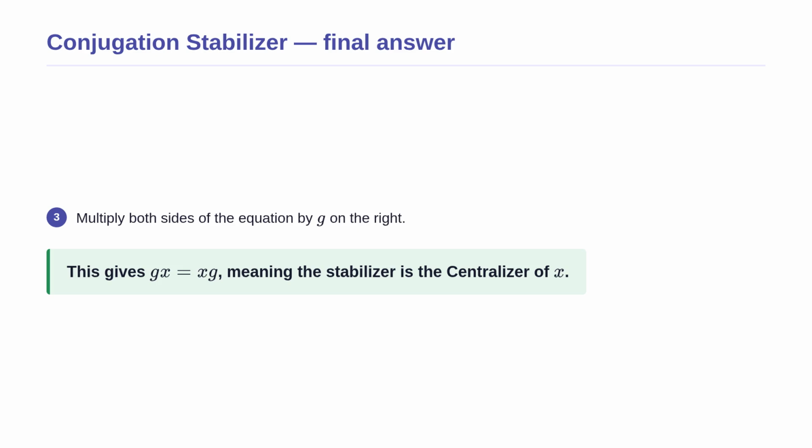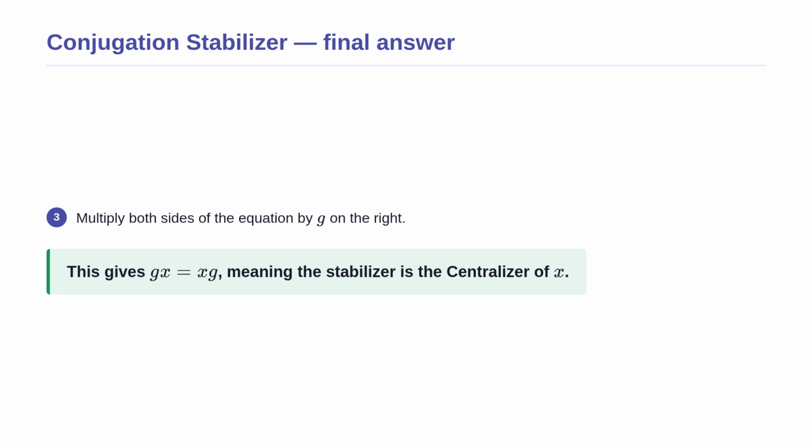Continuing from our setup, we simplify the equation by multiplying both sides by G on the right. The G inverse and G on the left side cancel out, leaving us with a beautifully simple relationship. G times X equals X times G. This equation says that doing action G followed by action X gives the exact same result as doing action X followed by action G. When two actions can swap their order like this, we say they commute.